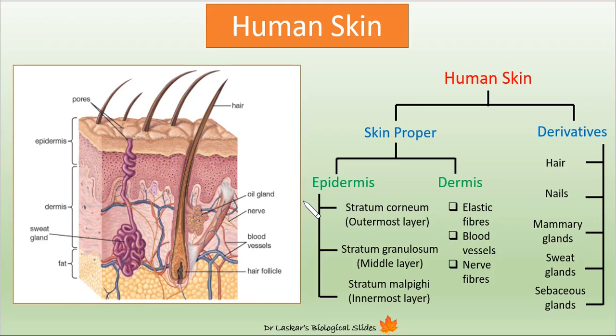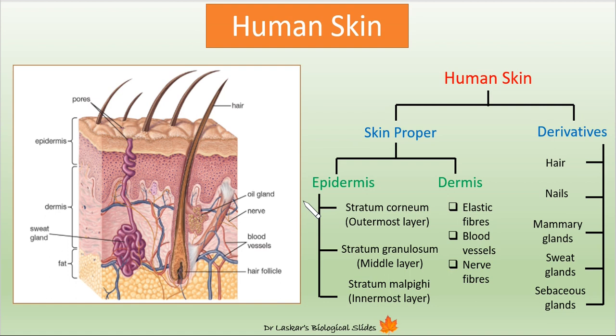Hello students. So today through this video I'm going to discuss the structure of human skin. Human skin is the largest organ of the human body, and it is an almost impermeable barrier.